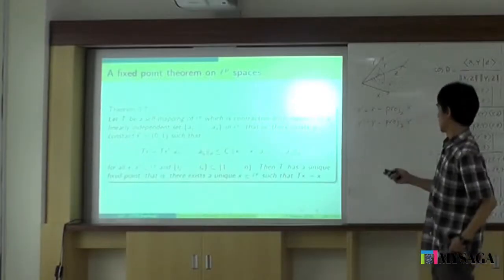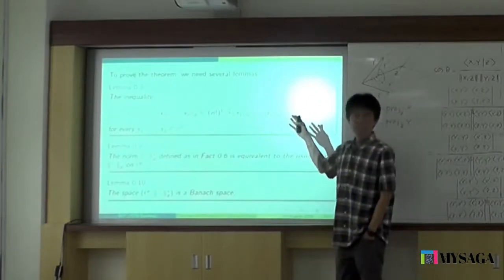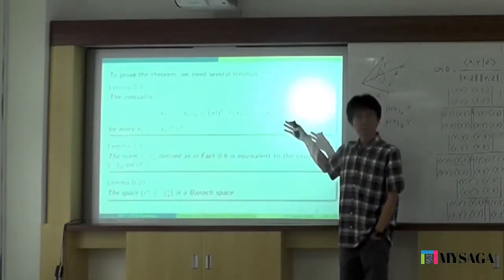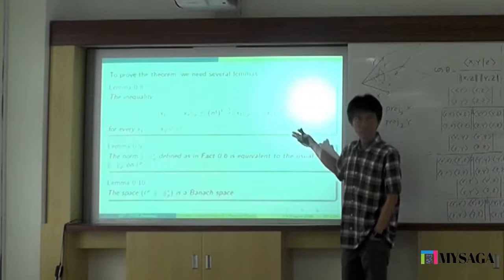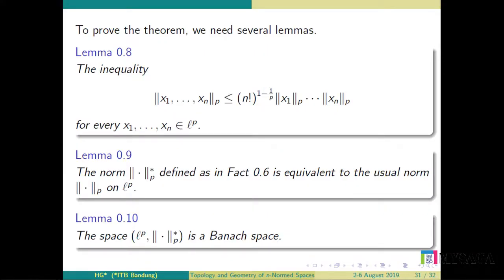Remember that scheme. But of course we need some preparation for that. Okay, first is the one you asked yesterday. So this is the relation between the n norm, but this is not Gahler norm. This is the norm that I defined. I don't want to call it my name.